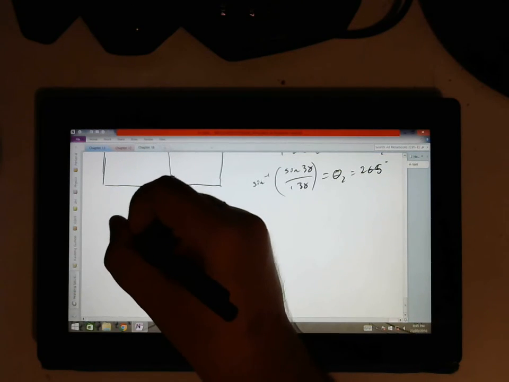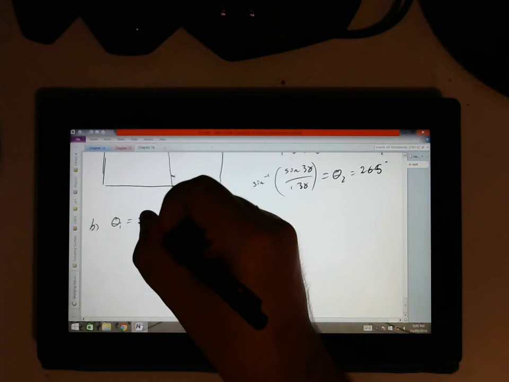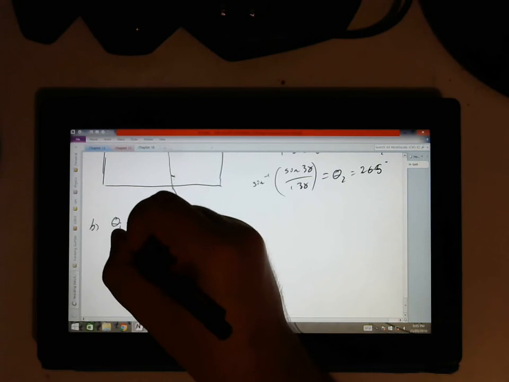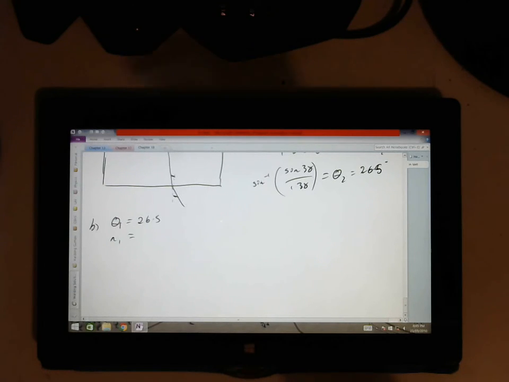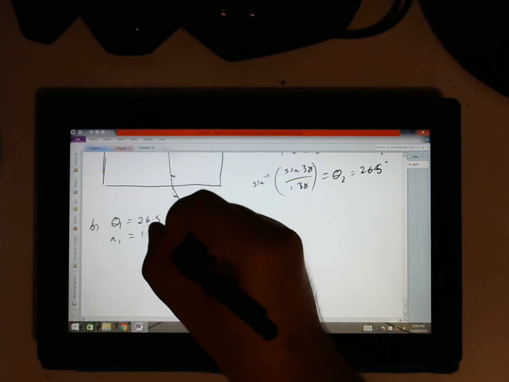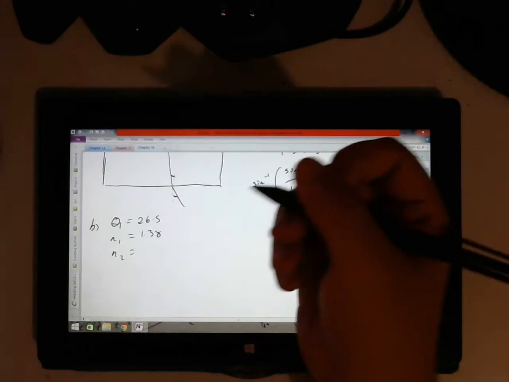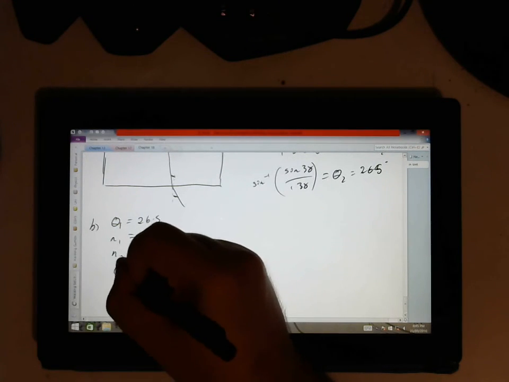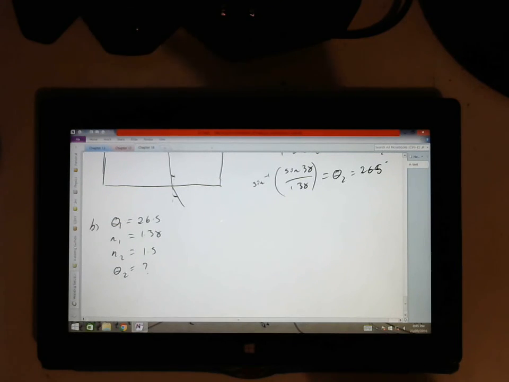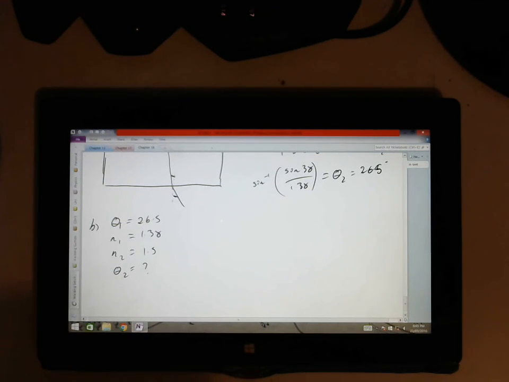So theta 1 equals 26.5. n1 is not air anymore, it's soapy water, 1.38. n2 is glass, 1.5. Theta 2 we don't know. That's what we're going to have to figure out.